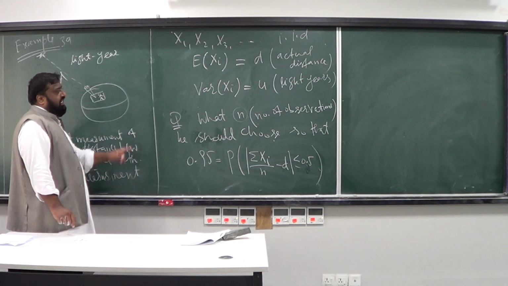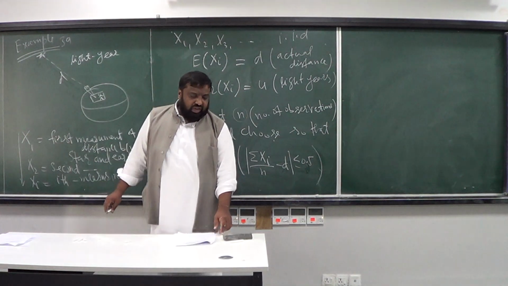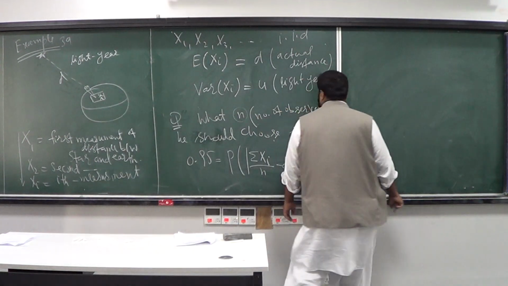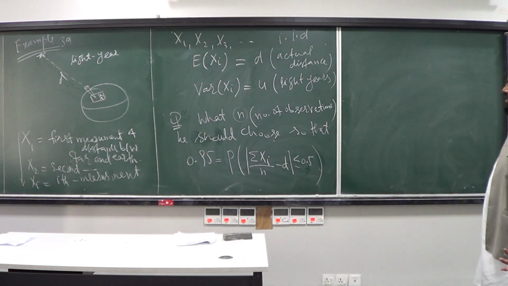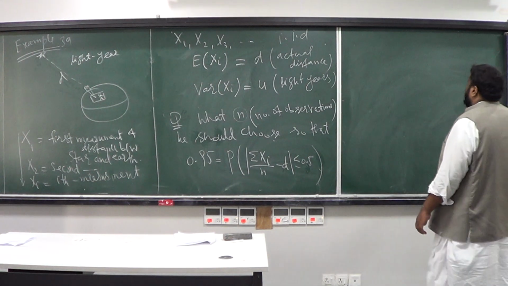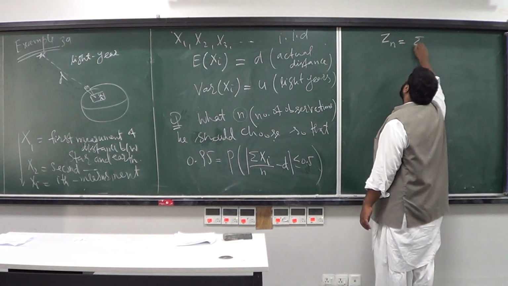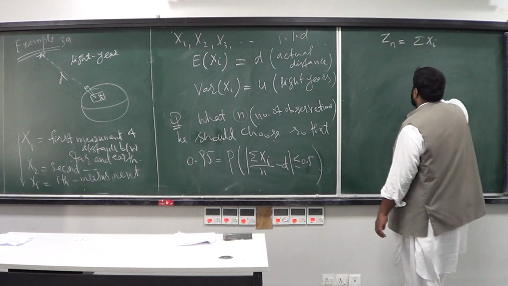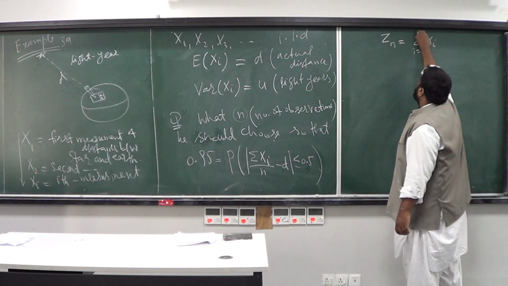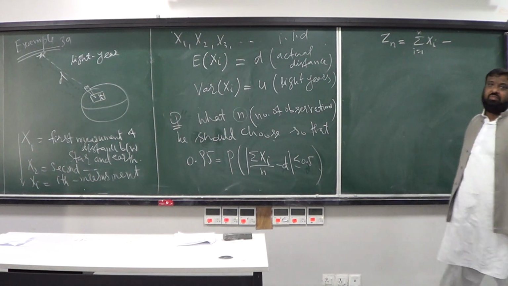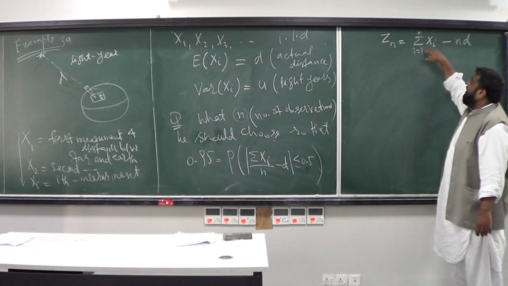So he is interested in the number of observations that he wants to make. So how can we do it? The solution can come through the central limit theorem. The central limit theorem talks about the sum of the observations minus the average of the observed distances.